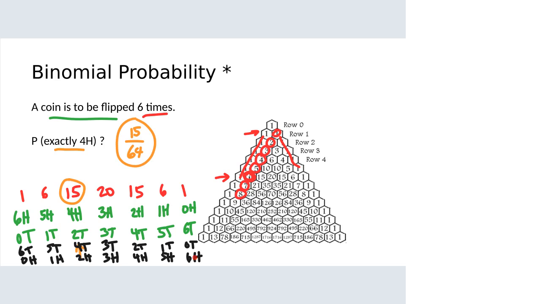If you labeled it that way instead, with 6 tails on the left instead of 6 heads, that's okay. You're going to get the exact same answer. We're looking for exactly 4 heads. That's right here. And now it's these 15 that would be your 15 successes. So you get the exact same answer, and it's because of the symmetry of Pascal's triangle. Any questions about this before I have you do one more?